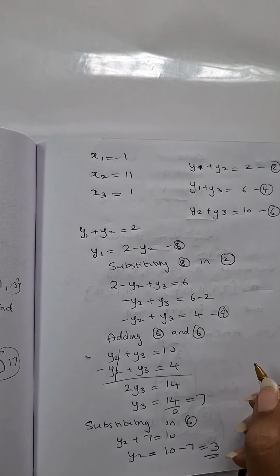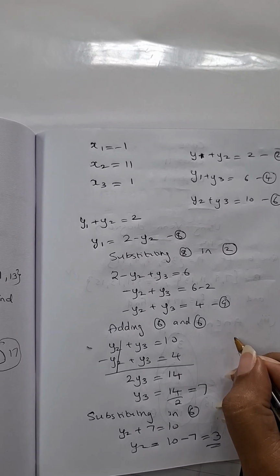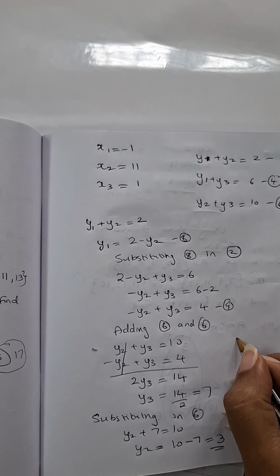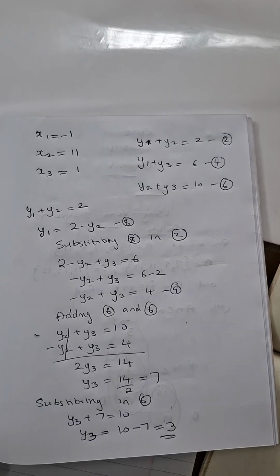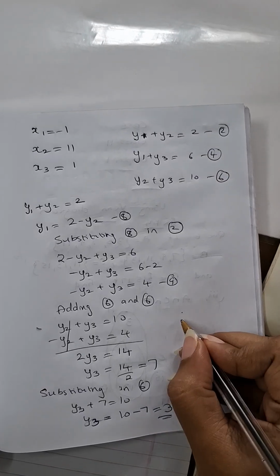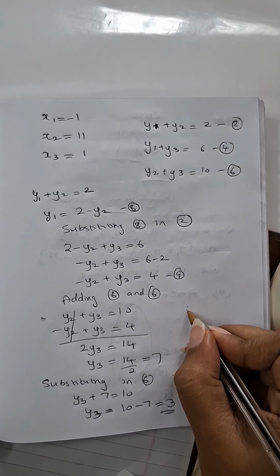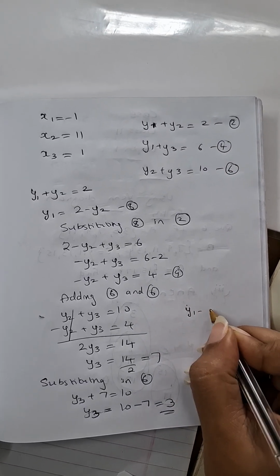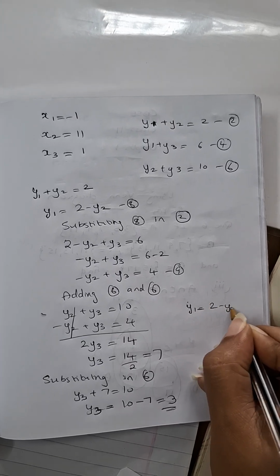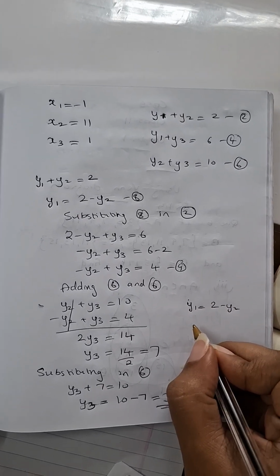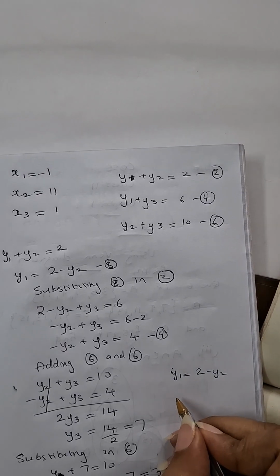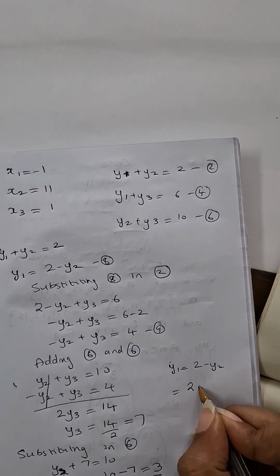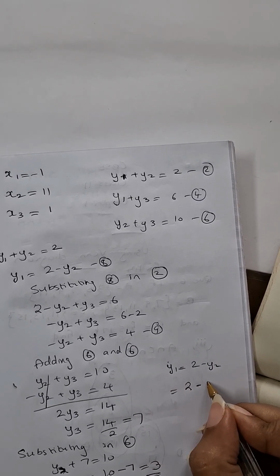So we got the value of y3. Now we have to go for y1. y1 is equal to 2 minus y2. So y1 is equal to 2 minus 3.